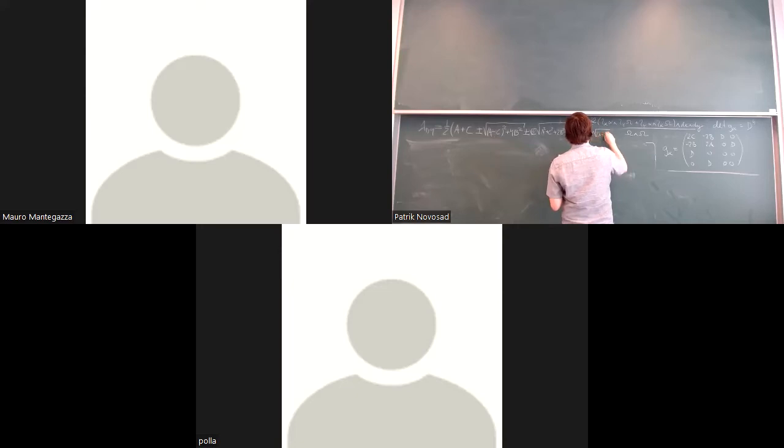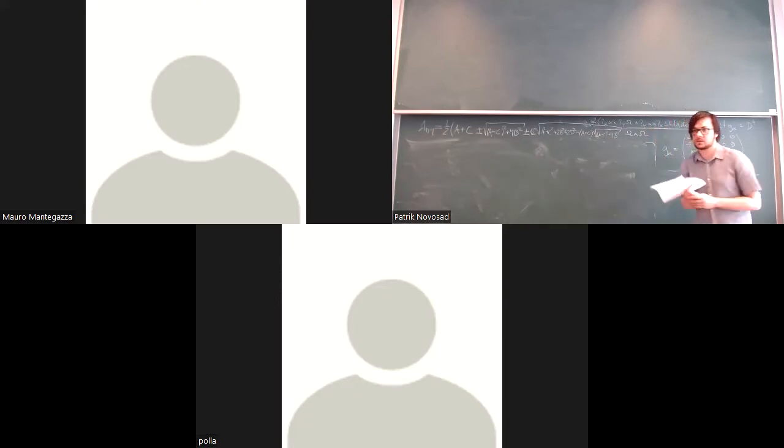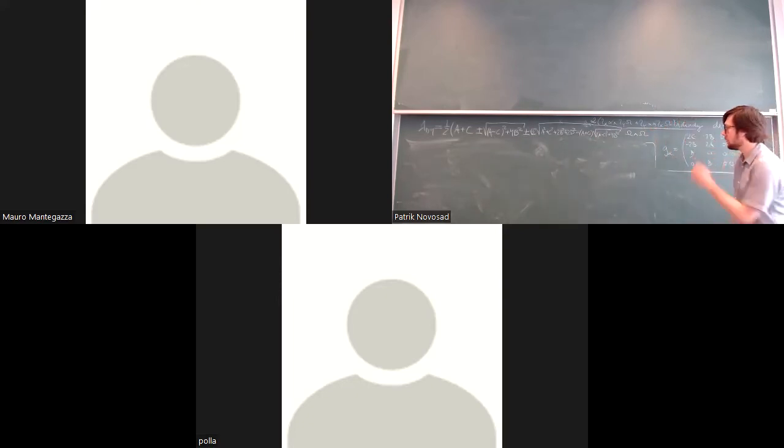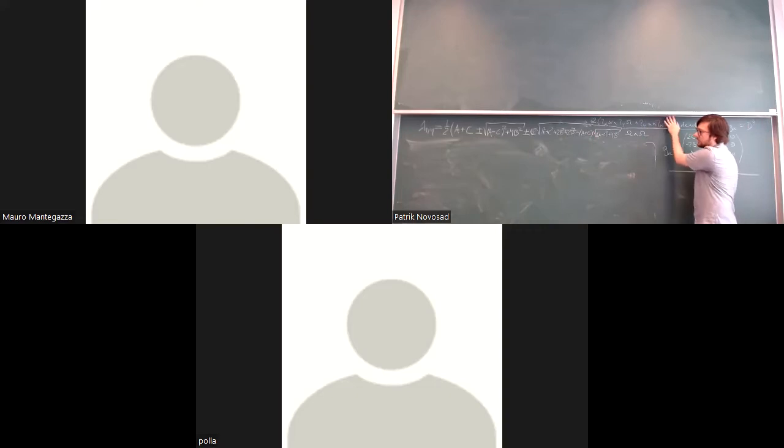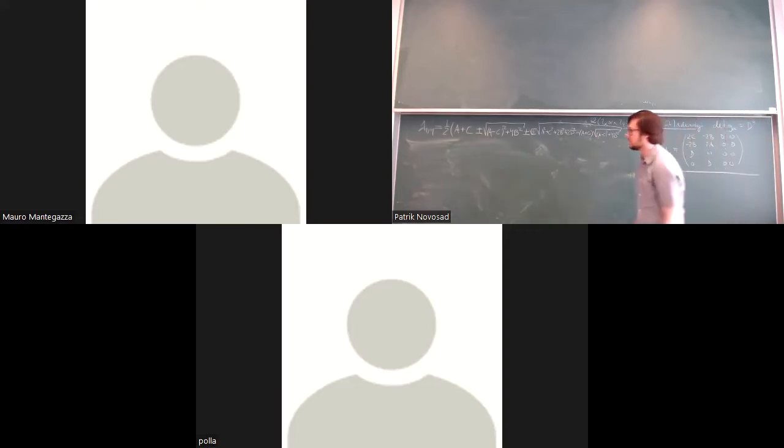So the conjecture, which we also discovered when trying to plug in the various values of A, B, C, was that the signature is always 2, 2. There is no possibility for non-degenerate. If it's not 0, then it always has to be 2 positive and 2 negative.